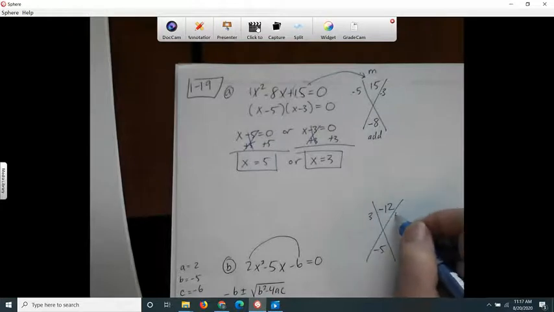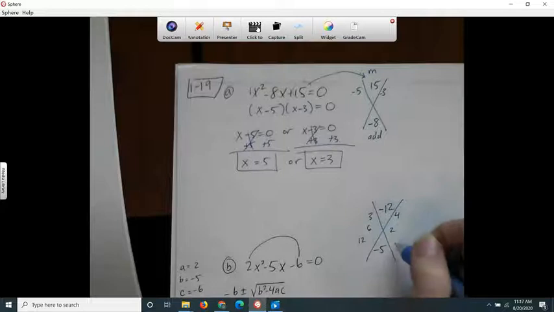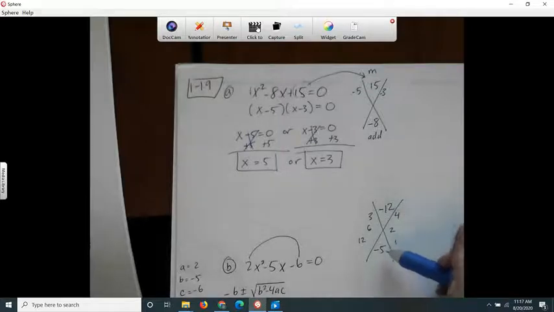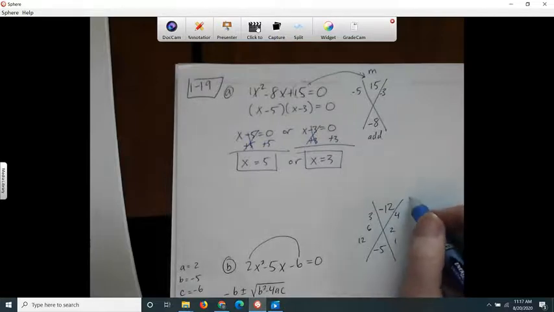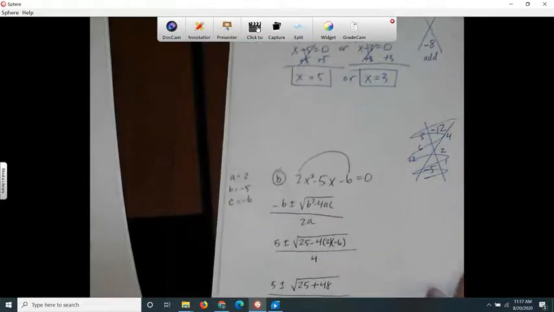And there's only 3 different combinations of numbers that would multiply to make 12, and none of them can add to make 5. So I'm just going to give up. I have to. And I'm going to get out my quadratic formula.